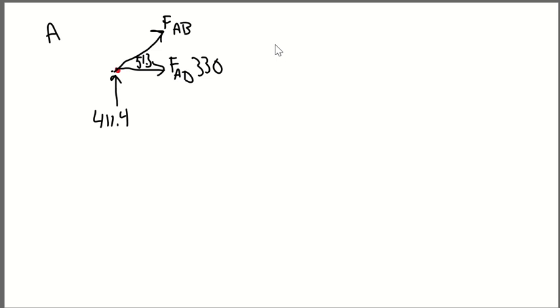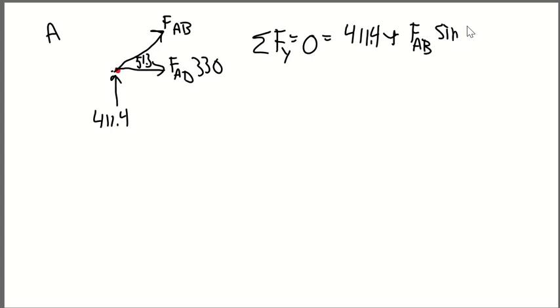So basically what I have is sum of the forces in Y equals 0. I have this one going upward, 411.4, in the positive Y direction. So that's a positive. And then that would be FAB sine of 51.3.